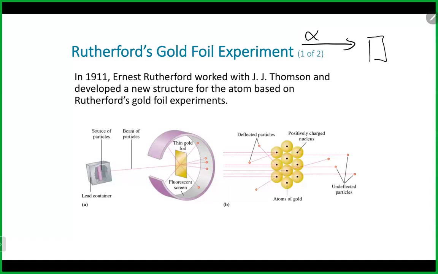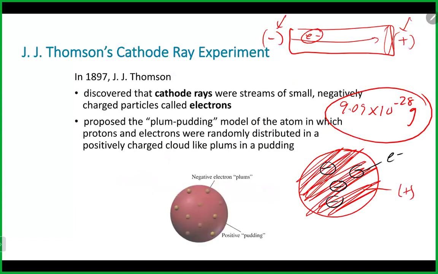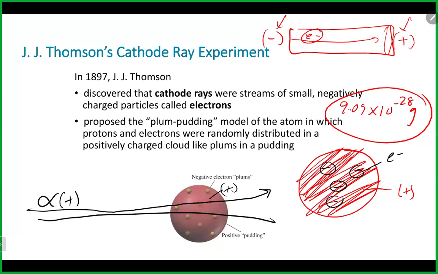What they expected to happen and what actually happened were two different things. Based on this model of the atom, with all this positive charge really spread out, they anticipated that the alpha particles, which are also positively charged, heavy, and moving really fast, would punch through all that positiveness, but with some deflection as they went through.